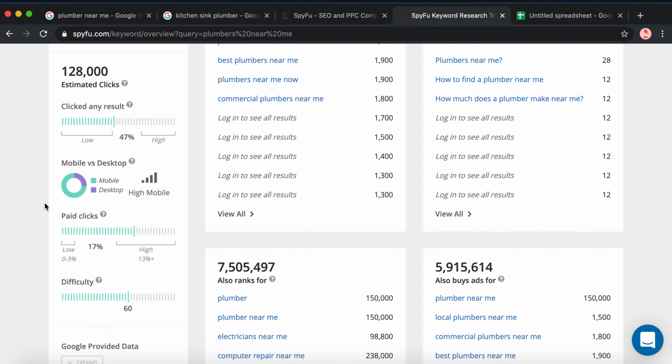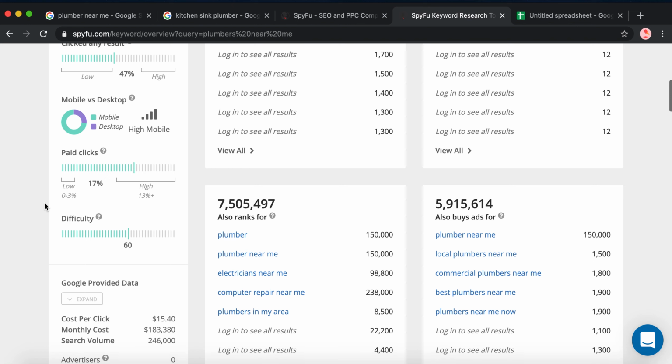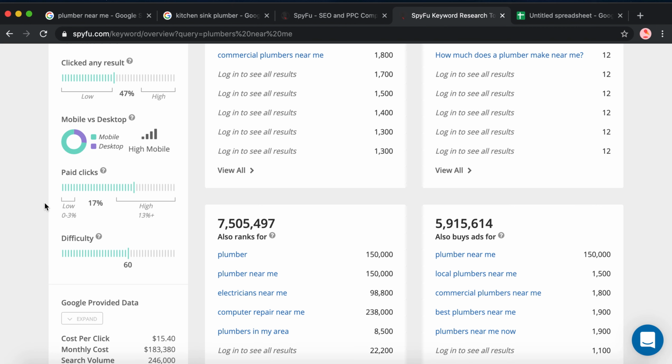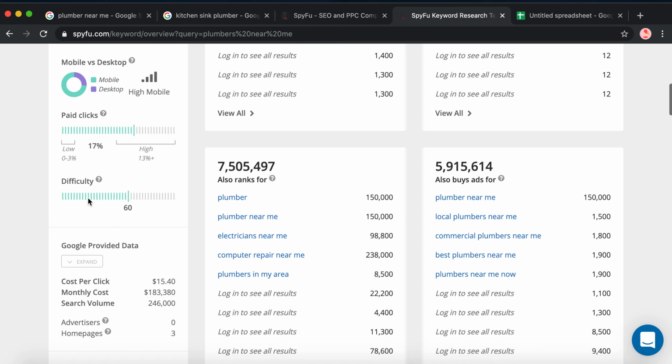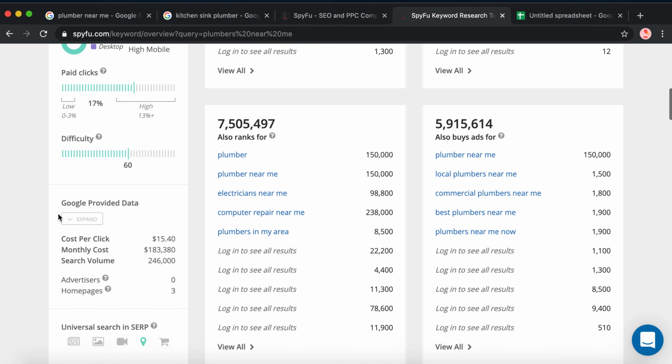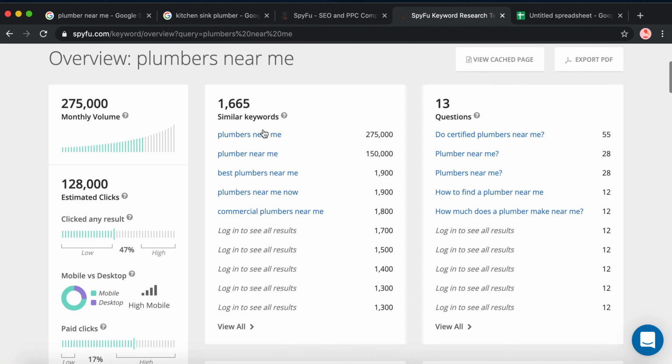It also tells you how many people click after they actually search, which is very important. It tells you the difficulty. It tells you the cost per click. So you'll see that plumbers near me will probably cost you around $15 per click. But there's a lot of other factors with that. With more information here, you can see similar keywords.